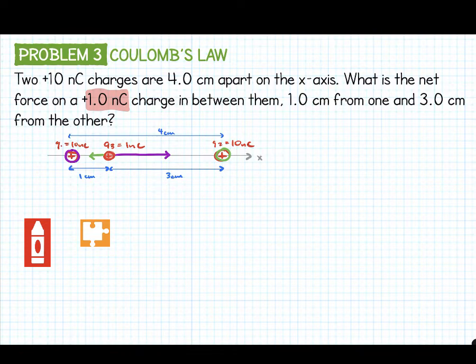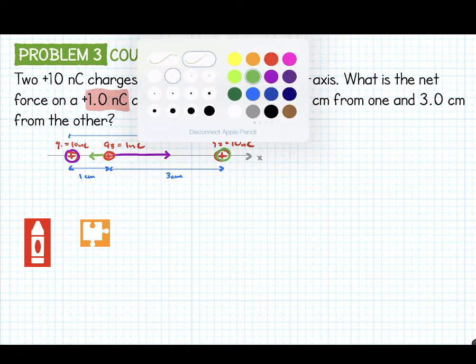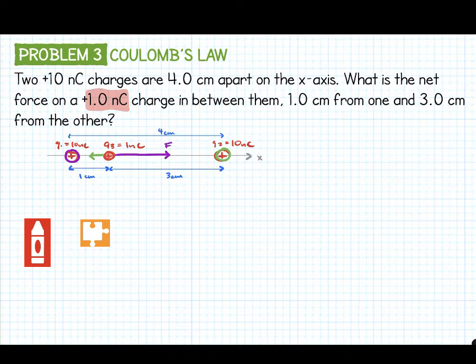Remember, we're calling this F1 on 3, because this is charge 1 and this is charge 3. It's the force of this big 10 nanocoulomb charge that's close over here. And then over here, we have F2 on 3.